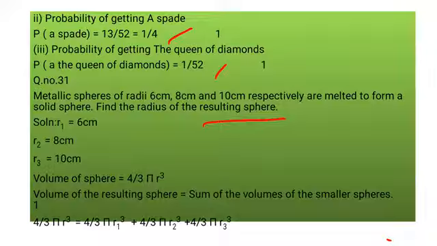Volume of sphere is 4 by 3 pi r cube. Volume of the resulting sphere equals the sum of the volumes of the smaller spheres, that is 4 by 3 pi r cube is equal to 4 by 3 pi r1 cube plus 4 by 3 pi r2 cube plus 4 by 3 pi r3 cube.